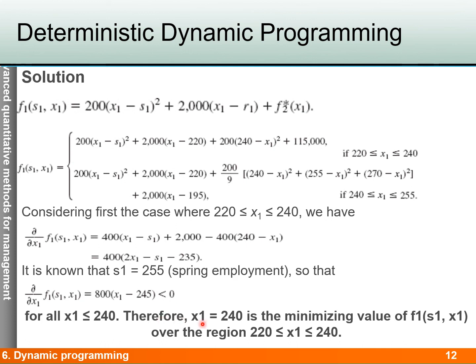So X1 for this formula is 240, that is minimizing the value of F1, S1, and X1 over the region 220 and 240. Based on this number of X1 and S1, we can calculate this equality.